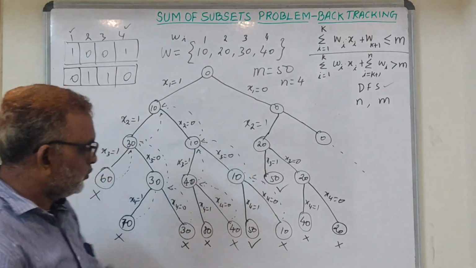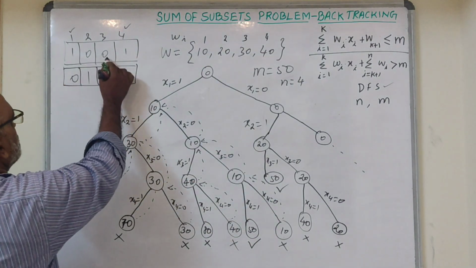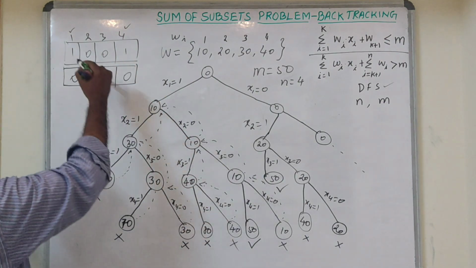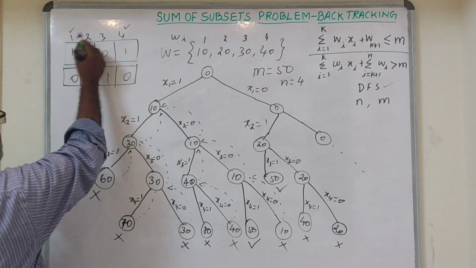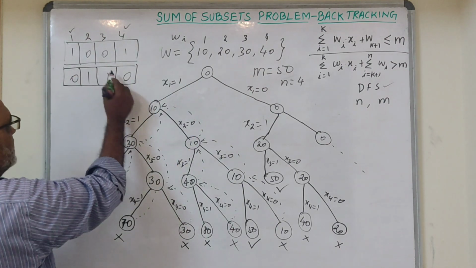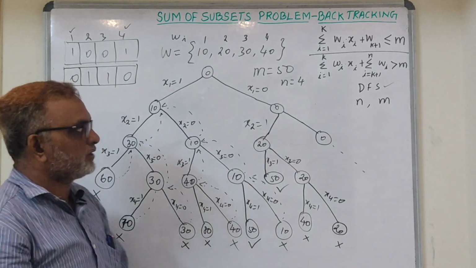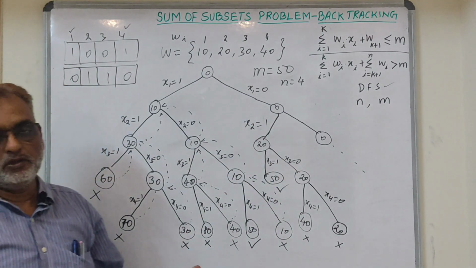So we got two solutions. One is 1 0 0 1 and another is 0 1 1 0. That means including the value, the set contains the first and the last value, and the second and the third value. So that is how we got this result.